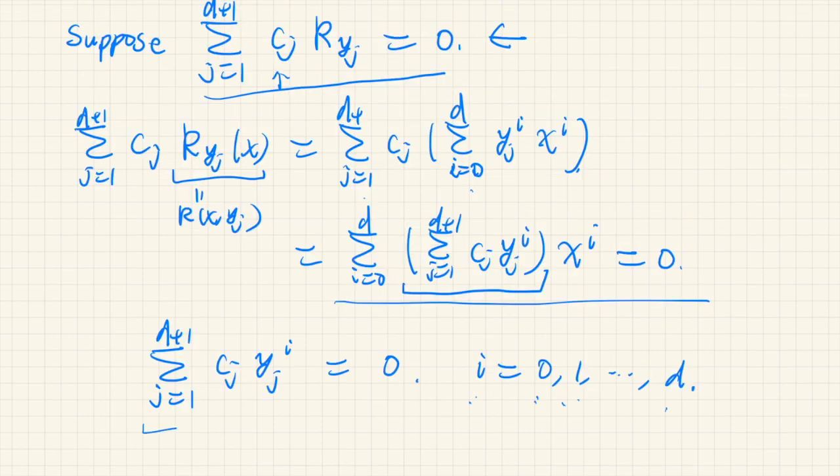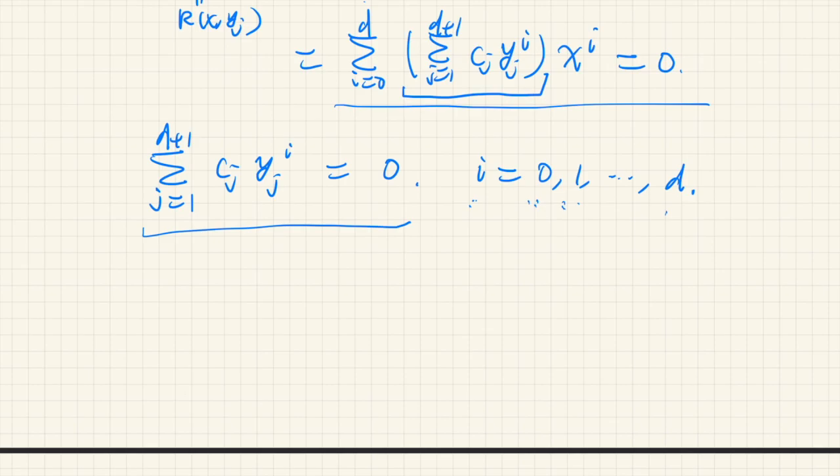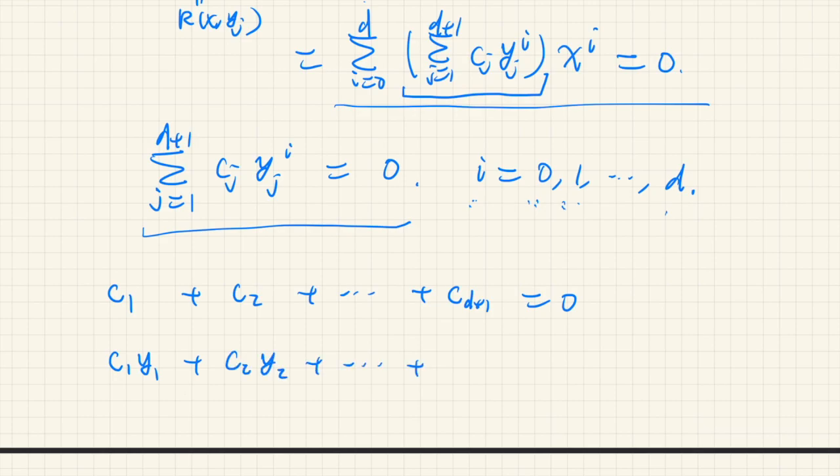Now, let's write this down more explicitly for each value of i. When i is equal to 0, we have c1 + c2 + and so on up to c_{d+1} equal to 0. When i is equal to 1, we have c1 y1 + c2 y2 + and so on plus c_{d+1} y_{d+1} equal to 0.